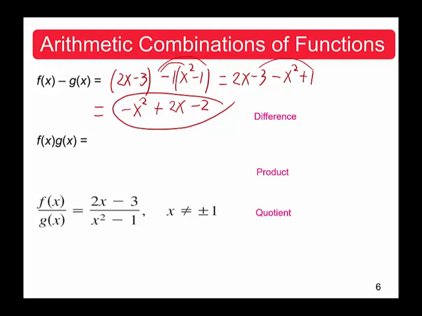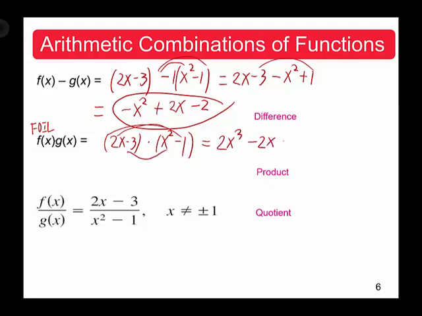The third one is multiplication, so do 2x minus 3 times x squared minus 1. Again we distribute, FOIL this expression. 2x times x squared gives us 2x cubed. 2x times negative 1 is minus 2x.